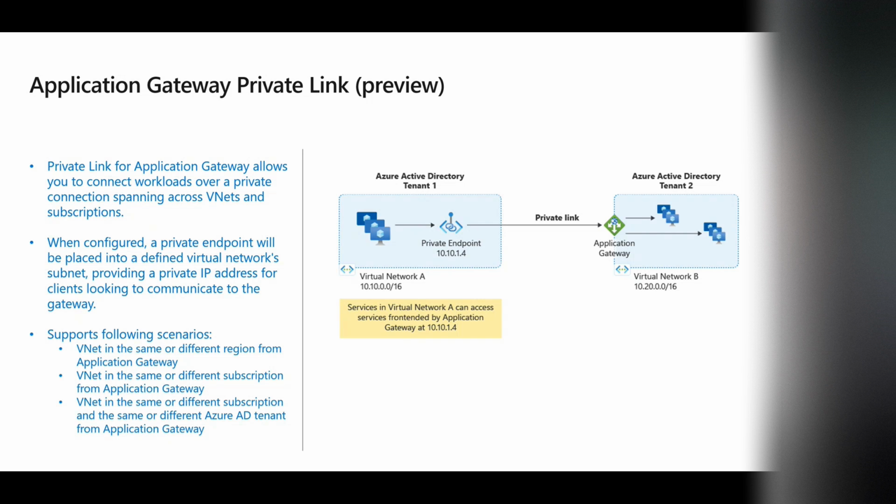If you have settings in your application gateway, like rule-based routing and all, everything is still applicable, but it's coming over a private endpoint. And that can be a different subscription, that can be a different tenant even. So that's the value prop here.